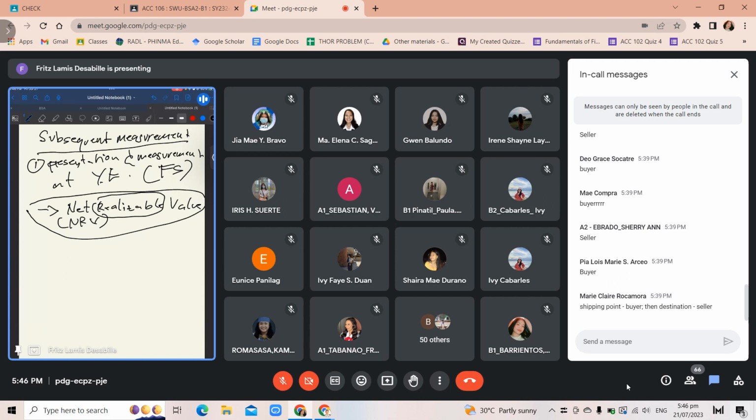They just pay partially and wala na sila nagparamdam. So, of course, part of the conservatism concept, and as required by PFRS 9, we should write down or give an allowance for those events.